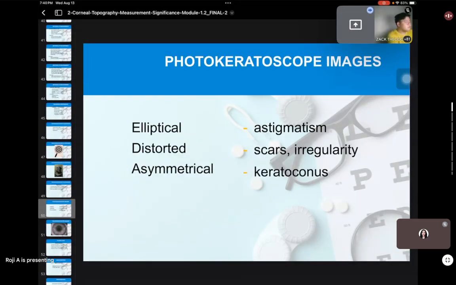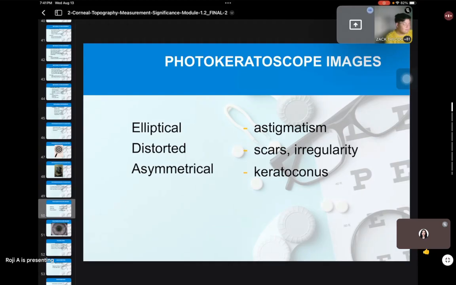You see distortion when there's irregularity such as scars or those with refractive surgeries or those who underwent LASIK or those who have ectasia. It's going to be irregular and asymmetrical to the point of advanced keratoconus. Correct? Is that correct? Time check. Are you still with me?